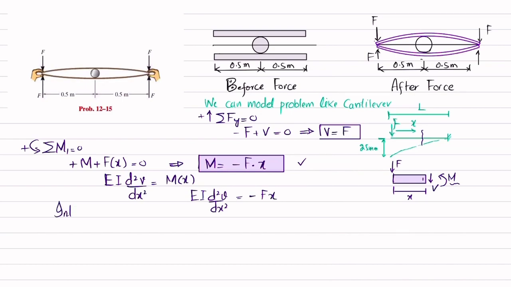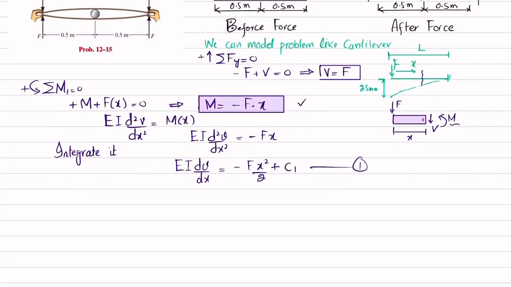Integrate it once, so you will get EI into dv over dx equal to minus Fx square over 2 plus a constant of integration, which is C1. Let this be equation number 1.